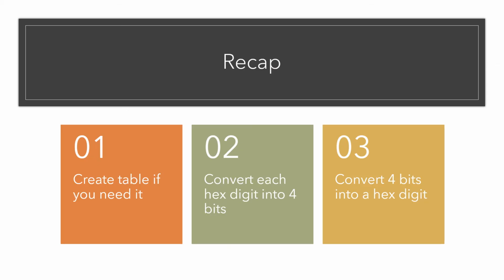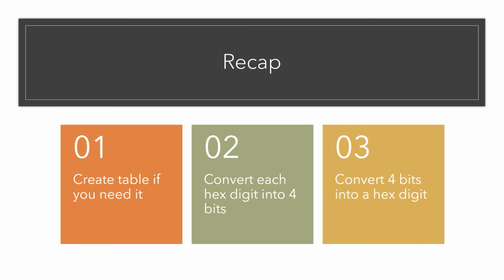So to recap, if you need to convert between hexadecimal and binary, create the table of the 16 digits if you need to. You convert each hexadecimal digit into a group of 4 bits, or convert groups of 4 bits into their equivalent hexadecimal digits.